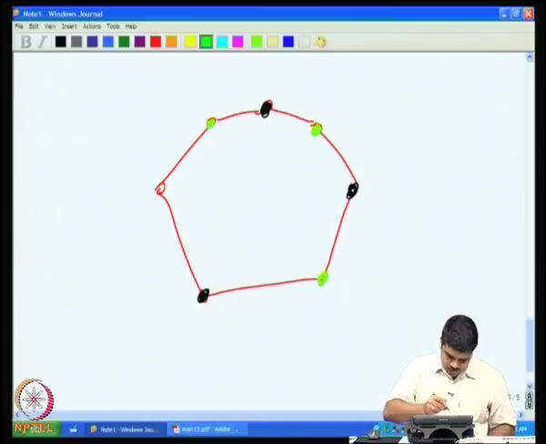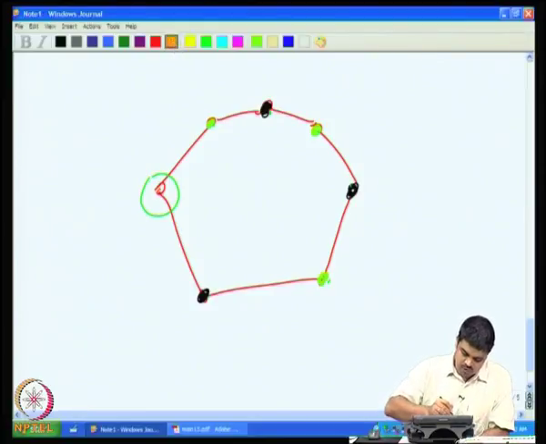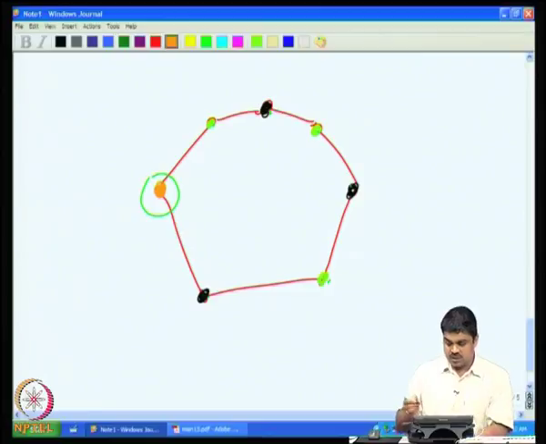Here I have a conflict, because I have green here, black here, green here, black here, green here, black here. Here what will I do? I cannot give green, I cannot give black, so I will have to use a new color. So you can see that it requires 3 colors.